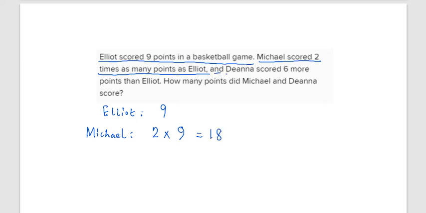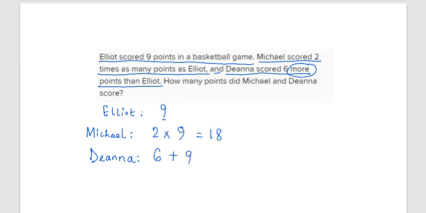And Diana scored 6 more points than Elliot. So we have for Diana 6 more. So remember the word more. How many more? That is additive. Points than Elliot. So Elliot already had 9.